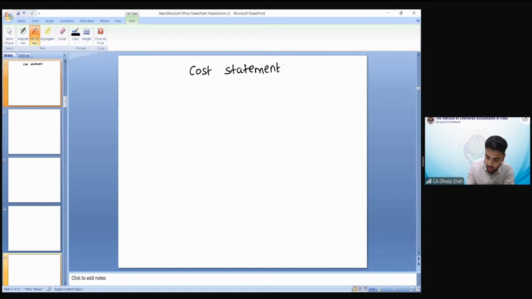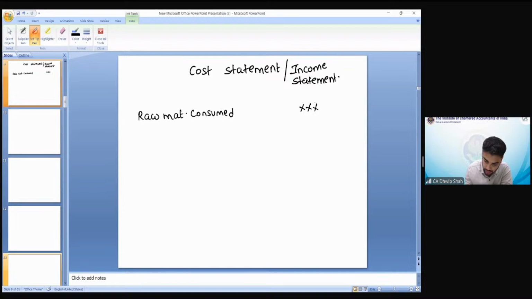You can term it as cost sheet, cost statement, or income statement. Everything is correct. The cost statement starts with raw material consumption. Then we have direct labor.